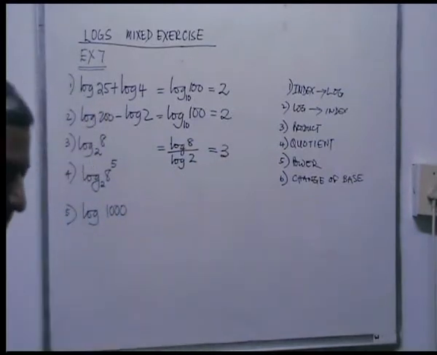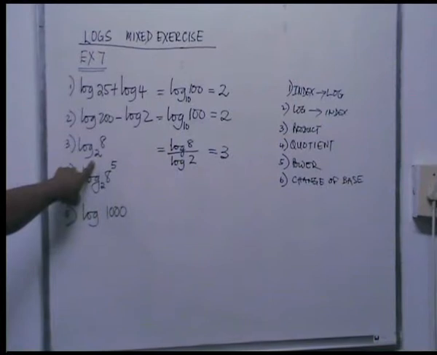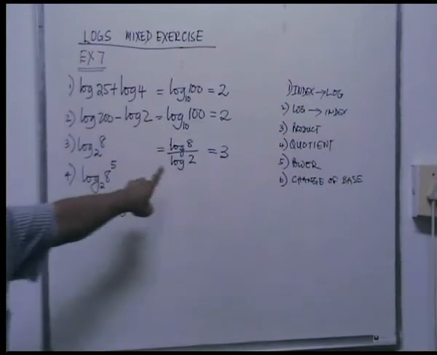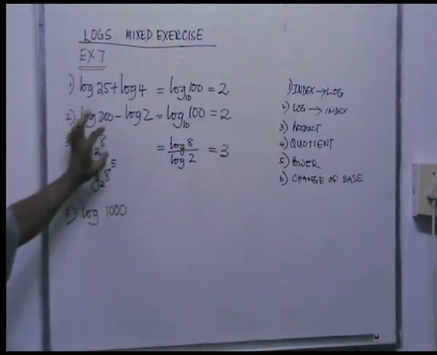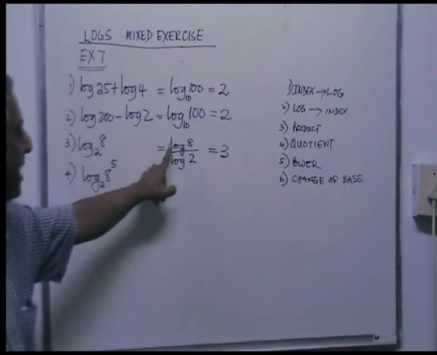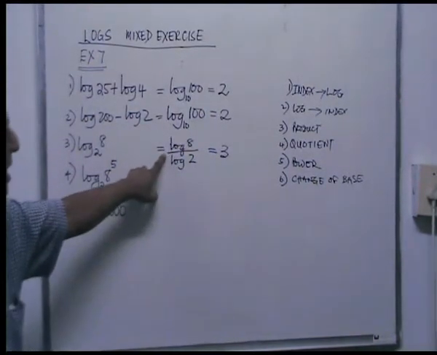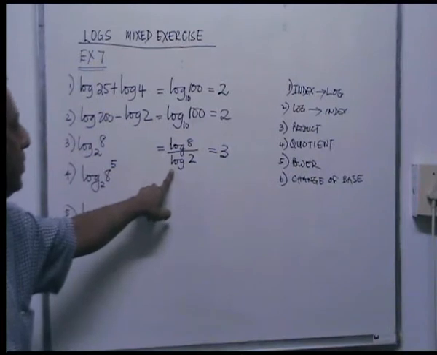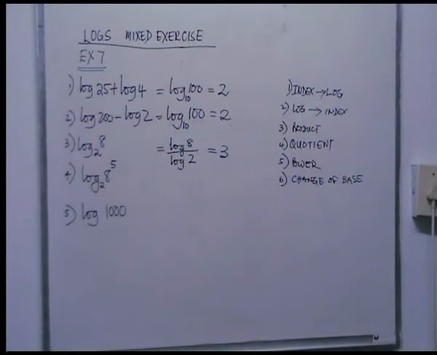So you see, you can't find the answer like this on the calculator because the base is 2. The calculator only works with base 10. So what I did, I took this, I changed the base. And after that, I put this in the calculator. Log 8 divided by log 2 equal to, and I got the answer 3.